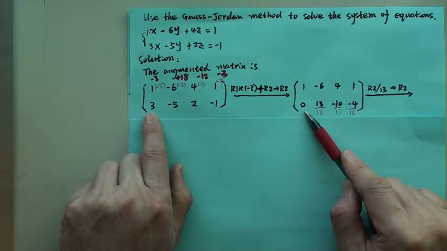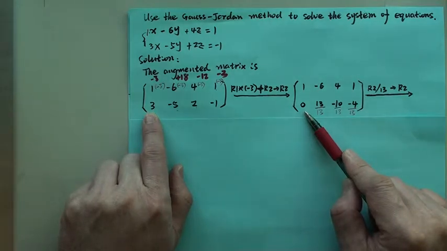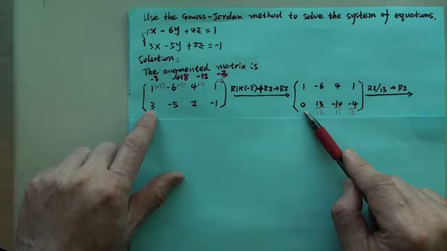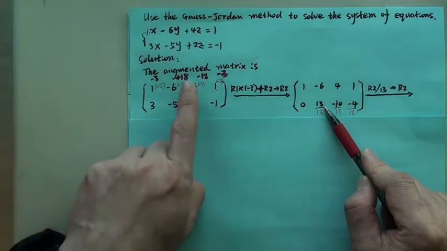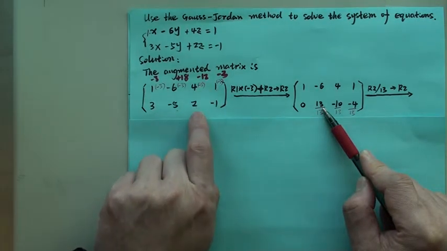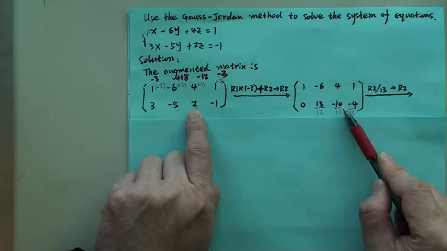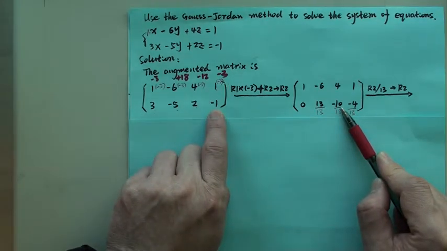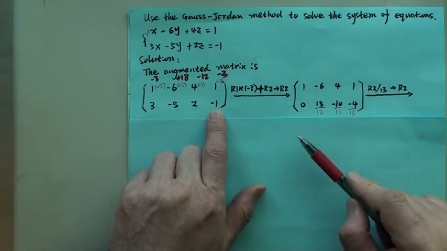The second one is new. Negative 3 and positive 3 cancel each other. Positive 18 and negative 5 is positive 13. Negative 12 and positive 2 is negative 10. And negative 3 and negative 1 is negative 4.